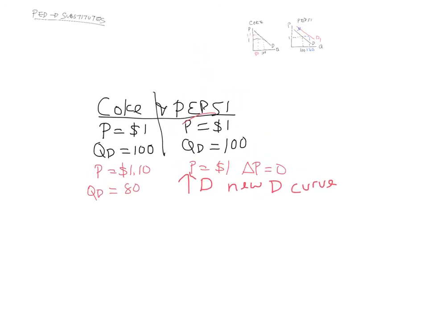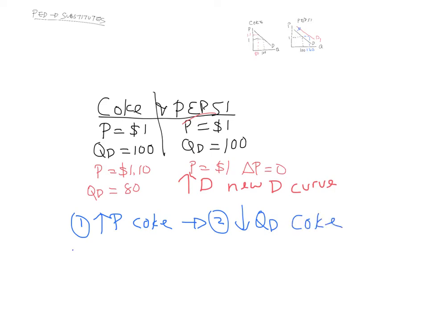So we're going to end up in this situation. First, what has happened? An increase in the price of Coke leads to a decrease in the quantity demanded of Coke. That is simple.